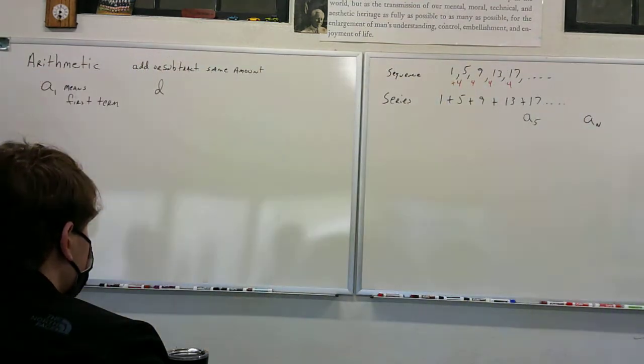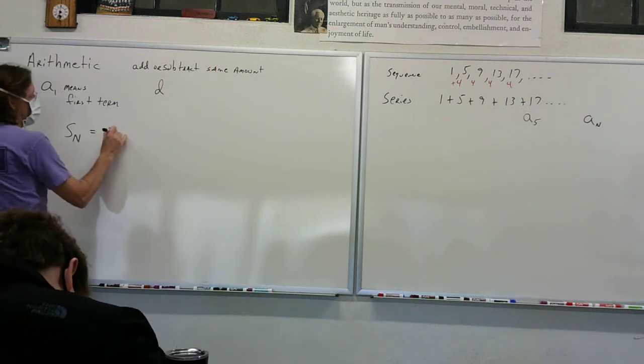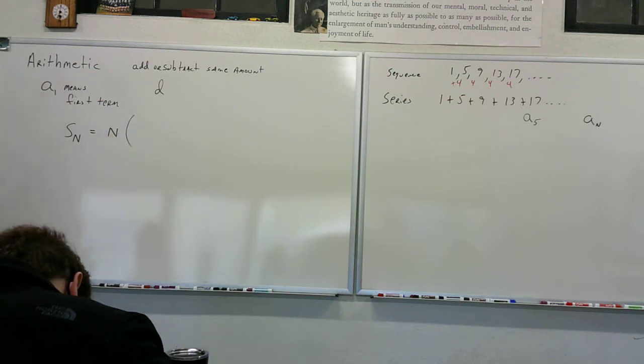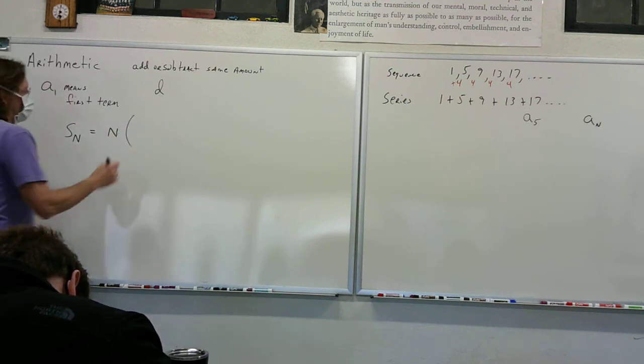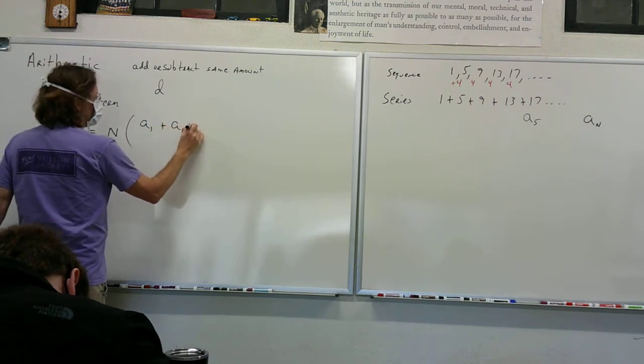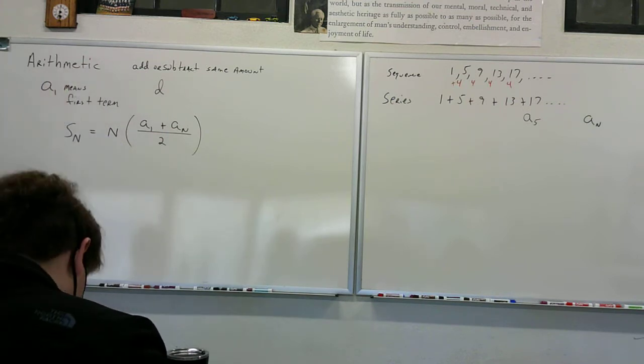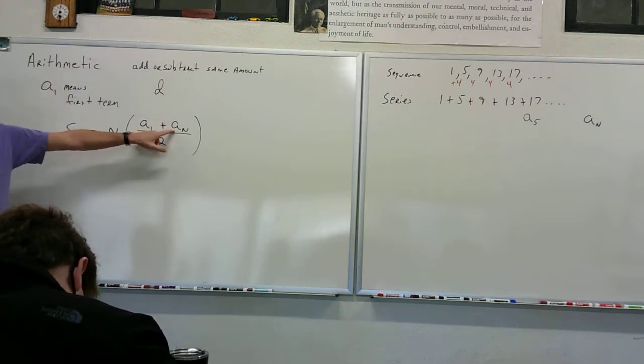You have a sum formula. S of n. S for what? Sum. Now, I'm going to give you 2 of these formulas. N, how many terms are you adding up? And then a sub 1 plus a sub n divided by 2. And I like this formula as long as I know what that last term is.